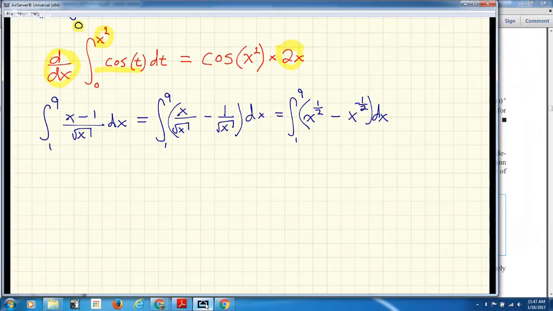And as we talked about before, to finish this, I need another trick. And so the other trick is we know that if we take the derivative with respect to x of x to the n, we're going to get n times x to the n minus 1. Now, when we reverse that and do an antiderivative, the power is going to go in the other direction.